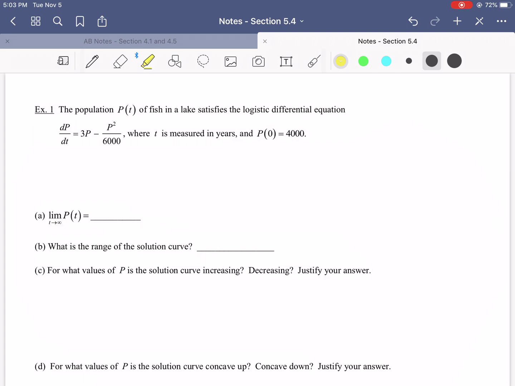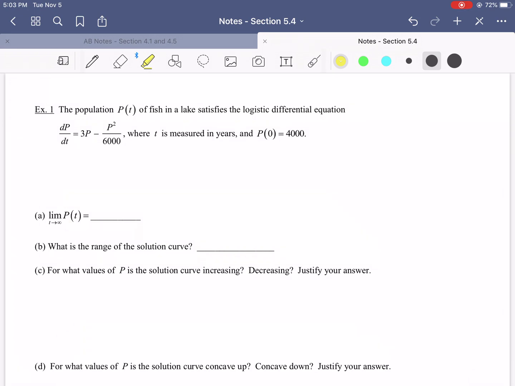And all of a sudden, the number of Starbucks stores started to explode and grow really rapidly, until finally they realized, okay, we're opening too many stores. We've got to slow down the rate at which we are opening stores. And so that rate started to decrease, and that's where that point of inflection occurs. You start to see the increase of the number of Starbucks stores level off and reach a carrying capacity. Okay, with that being said, let's take a look at example 1.